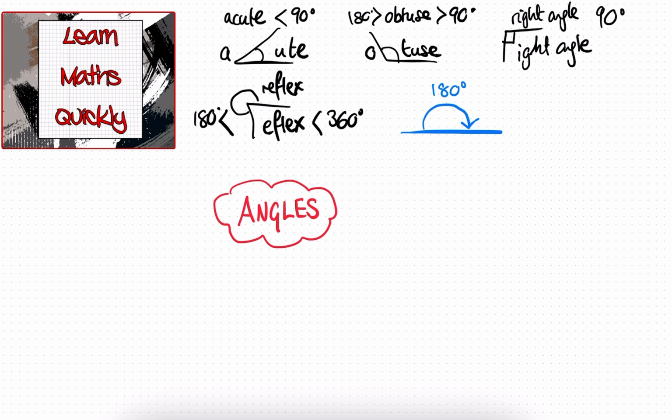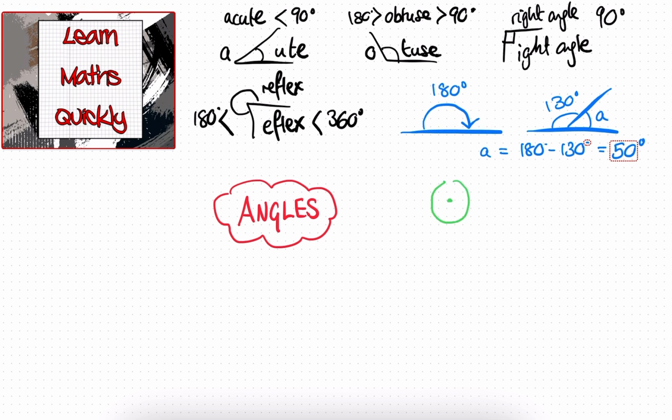You will often get asked questions where you have a straight line and they'll say there's A, we're not sure what that angle is yet, and this angle here is 130 degrees, and they'll say find A. Well, we know that the whole half turn, or the whole straight line, is 180 degrees. So to find A, you can write A is 180, take away 130, which leaves you with 50 degrees.